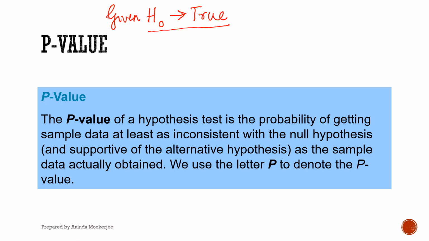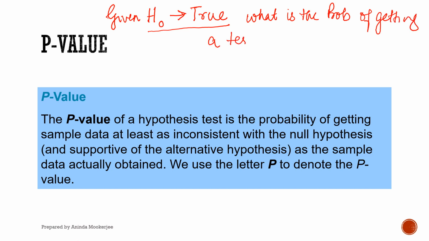Given the null hypothesis is true, what is the probability of getting a test statistic inconsistent with the null hypothesis?